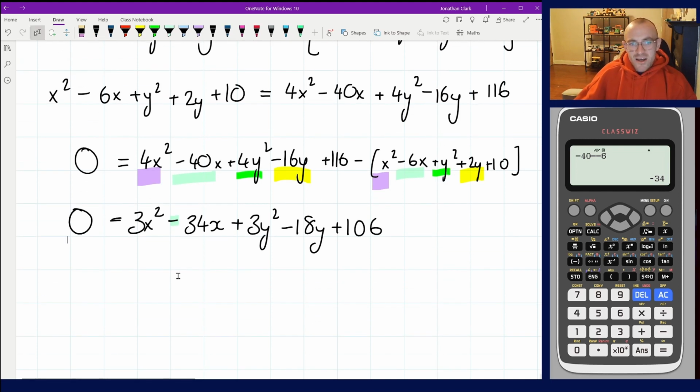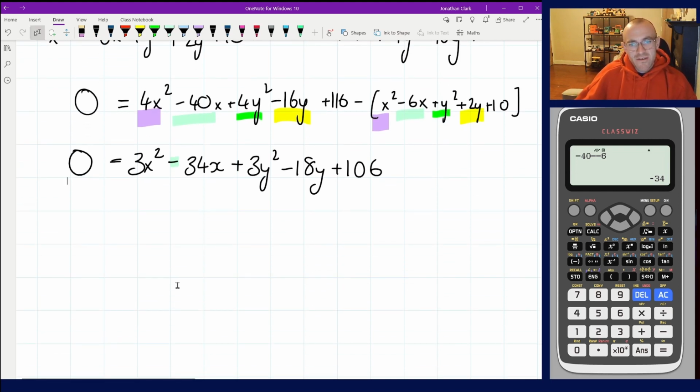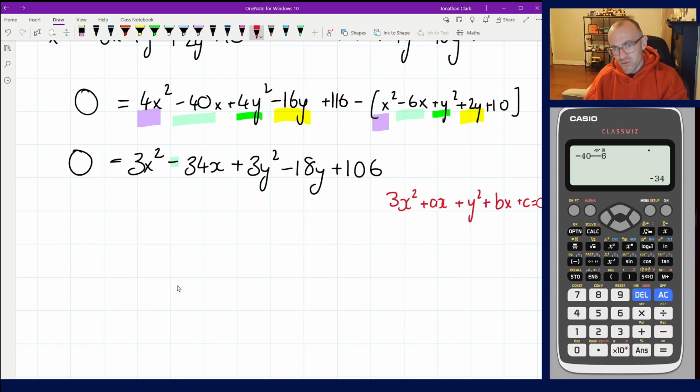Okay, does this look like a circle yet? Maybe. You might have seen versions in regular AS Maths looking something like this, with all of the terms expanded out. You might have seen a version like that without 3's in front. So what we could do is divide it all through by 3 to make it look a little bit more circly.